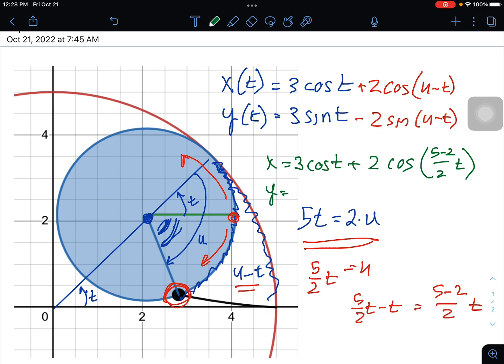And the y-coordinate is 3 sine of t minus 2 sine of (5 minus 2)/2 t. And that is the parametric equation of this function.